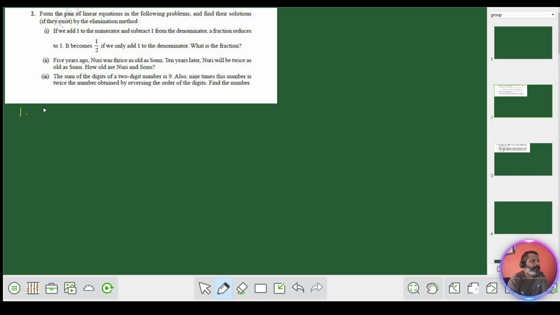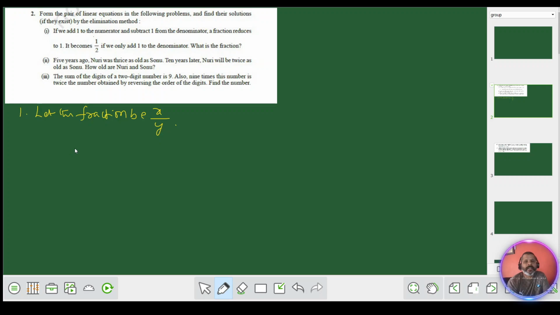So let's start. Let the fraction be x by y.